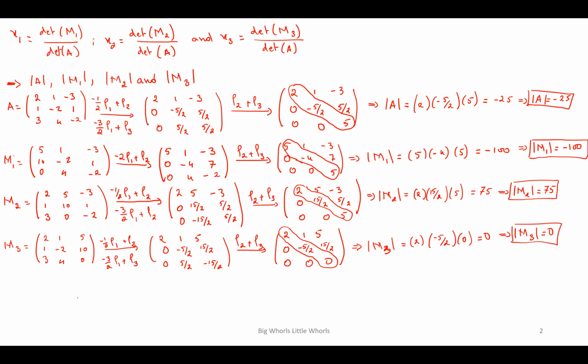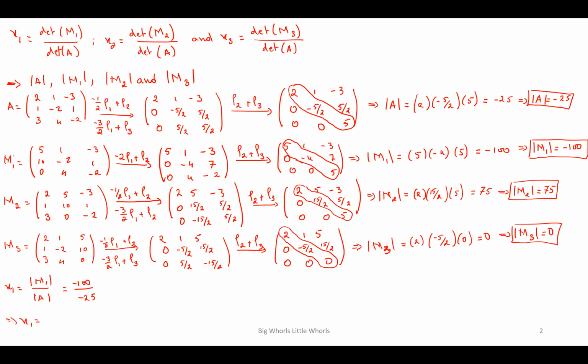So now, using Cramer's rule, x1 is equal to the determinant of M1 over the determinant of A, which is minus 100 divided by minus 25.